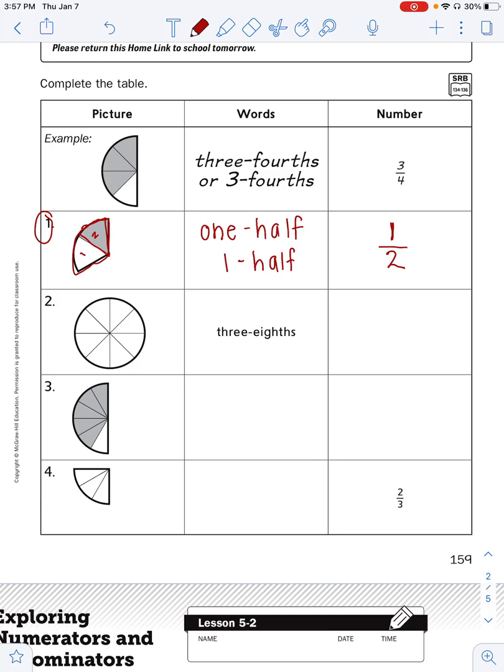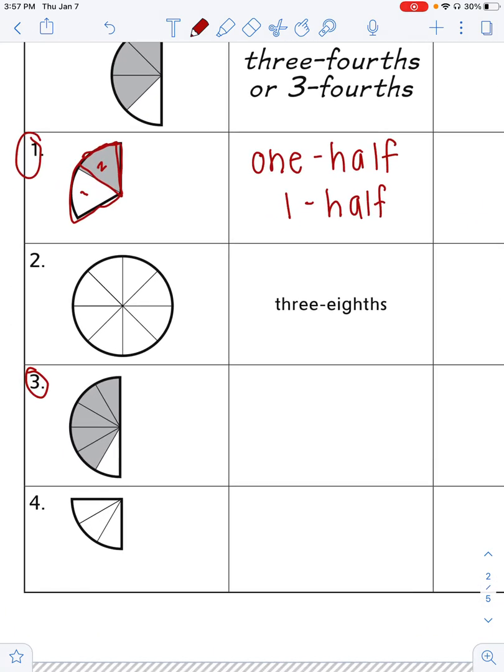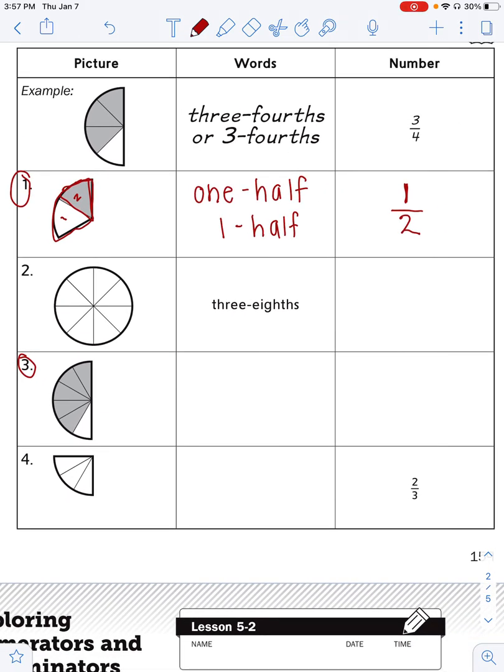We are going to skip number 2. Let's look at number 3 right here. First, let's find out what the numerator is. Remember, the numerator is the top of your fraction, or how many equal parts are shaded in. So let's count that. I have 1, 2, 3, 4, 5 equal parts that are shaded. So 5 is going to go in the numerator, and the denominator, or the bottom of the fraction, is how many total parts there are.